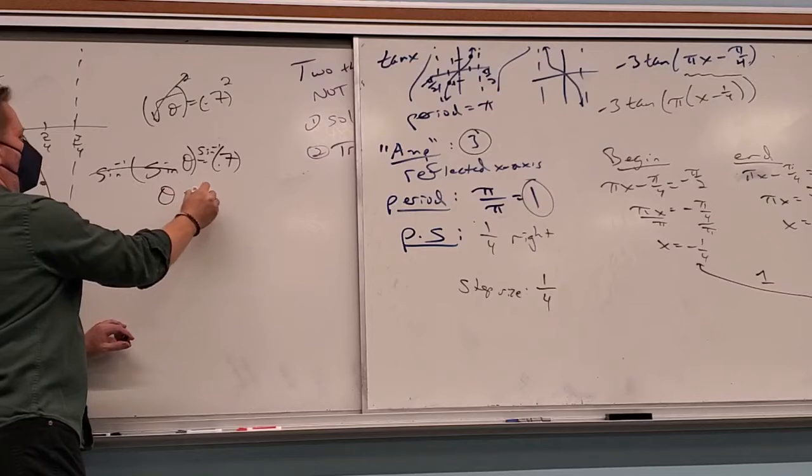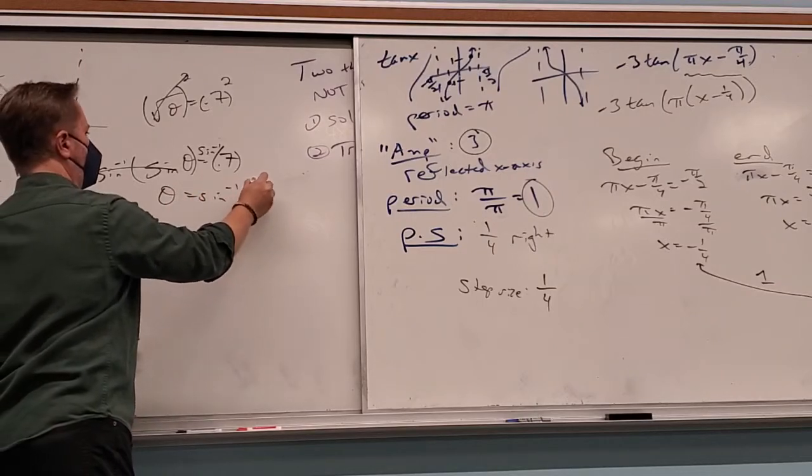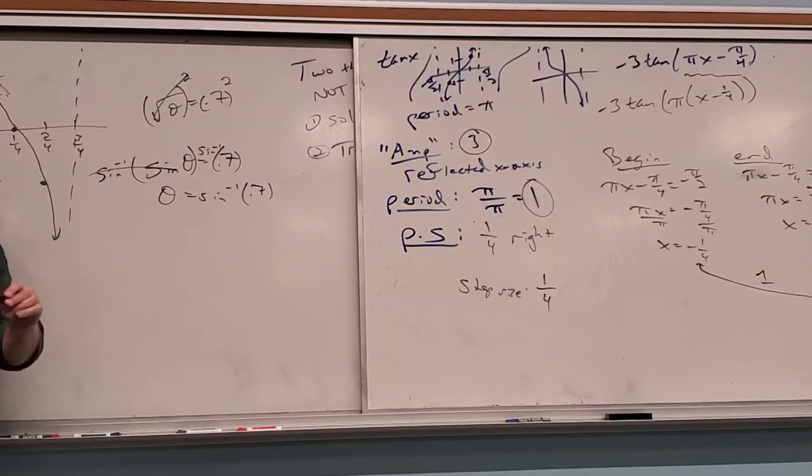In fact, if you look on your calculators, you'll see right above the sine is inverse sine. So that's section 8.3. I didn't notice I had a problem from 8.3 on there. Just don't worry about this part if you're wondering how you would do that. You can't do it yet.